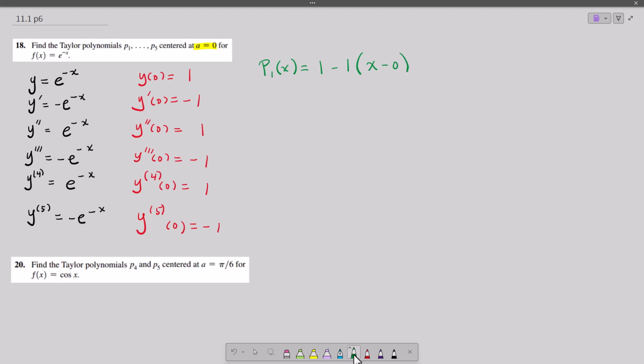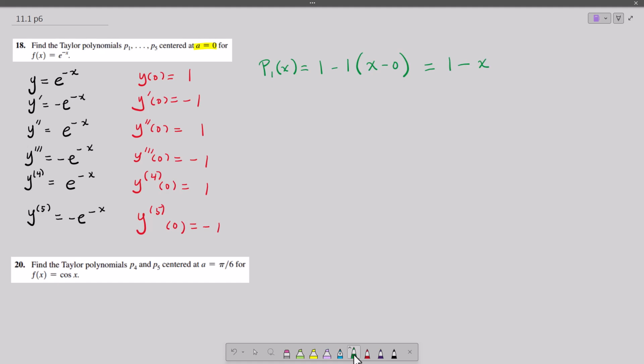Center here is 0, so we could write this as 1 minus x if we're simplifying it. When the center is 0, you do not have to write x minus 0, but that's what you should at least be thinking in your mind. If the center were 2, you would put in an x minus 2. It's always x minus the center. So here's your tangent line.